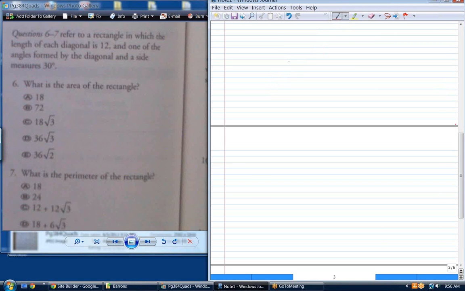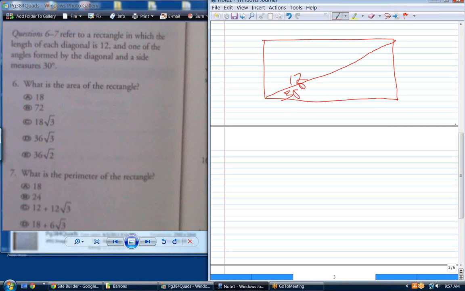Refer to a rectangle in which the length of each diagonal is 12, and one of the angles formed by the diagonal and a side measures 30 degrees.